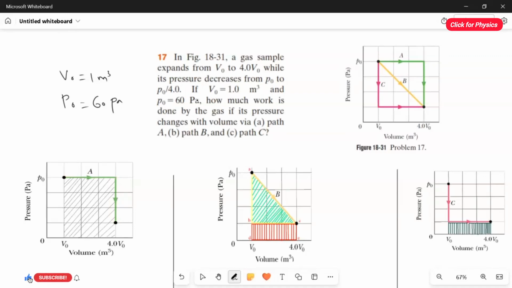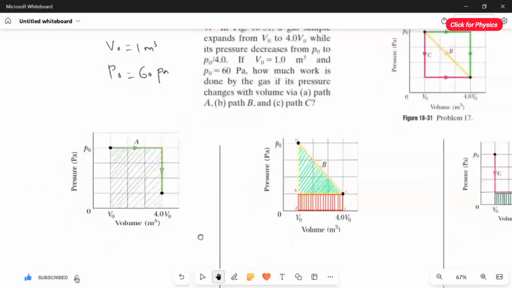Here the path A diagram is in green color, path B is in yellow color, and path C is in pink color. So we have to consider this diagram as 3 different diagrams, because here I separated path A, path B, and path C. That will be easy for solving this question.